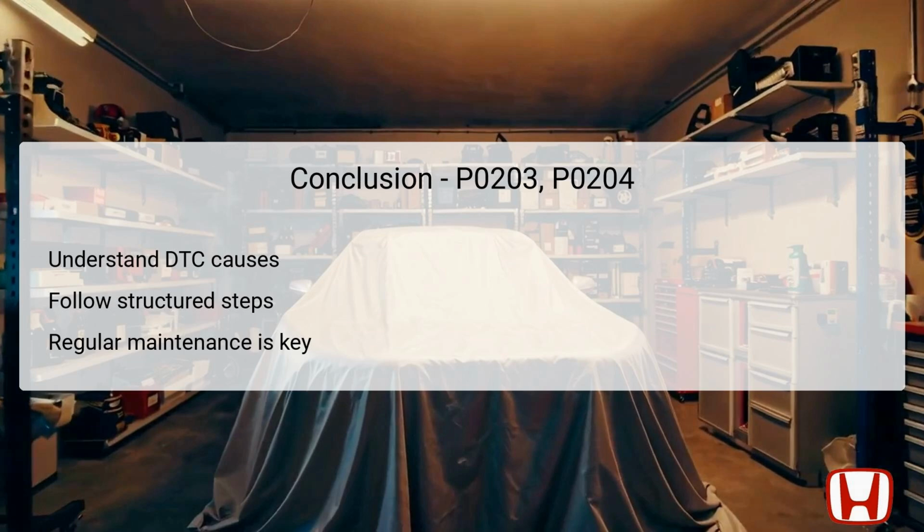Additionally, engaging in regular maintenance and inspections of relevant components can significantly reduce the chances of similar problems reoccurring in the future. Proactive steps will help maintain engine efficiency and overall vehicle reliability, ultimately leading to a better driving experience.